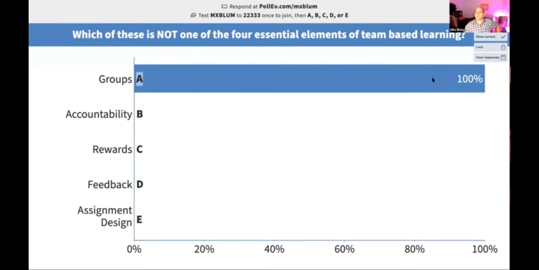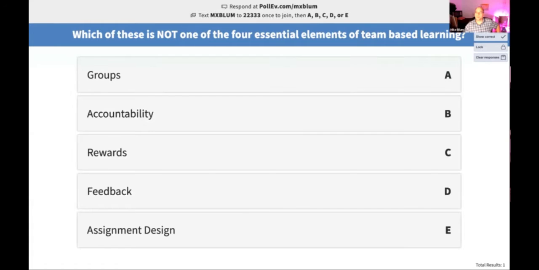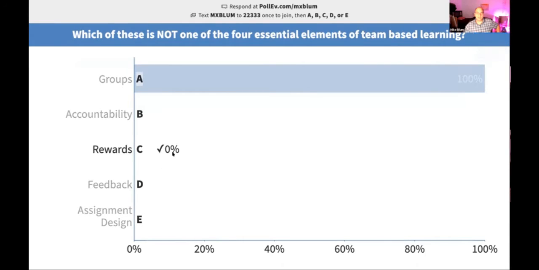So we've got 100% of, and I can either choose to show the responses or not show the responses so that people don't get that feedback immediately. I can show the correct answer if I want. And then I can show the responses and I can say rewards is the correct answer. Nobody got it right.